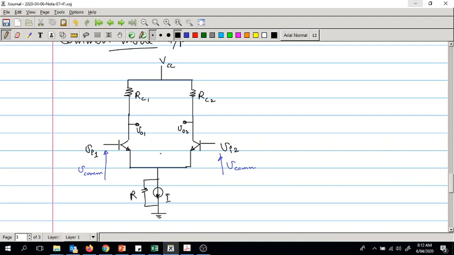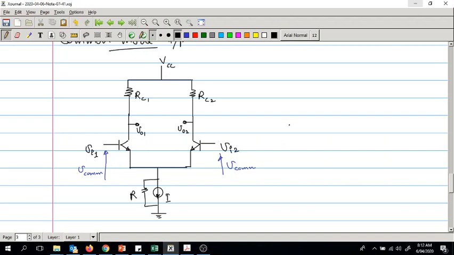Now we know that this is symmetrical, and the same input is given. Earlier it was a differential input, and that input was dropped across this line, so we got rid of this resistor. But now it is not the case. Both signals are common and connected with respect to the ground, right?